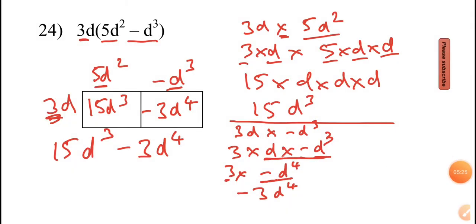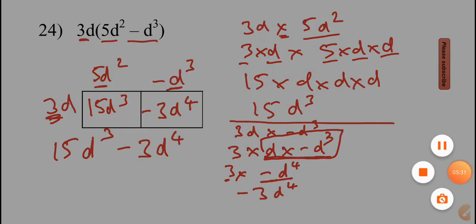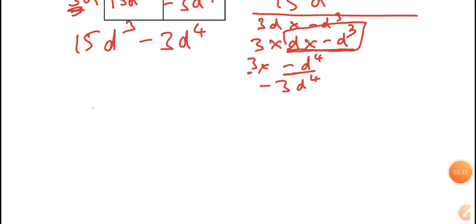I just want to explain this bit here a bit more, the d times minus d cubed. First of all, let's talk about what if it was just d times d cubed. If it was just d times d cubed, the answer is just d to the power 4.